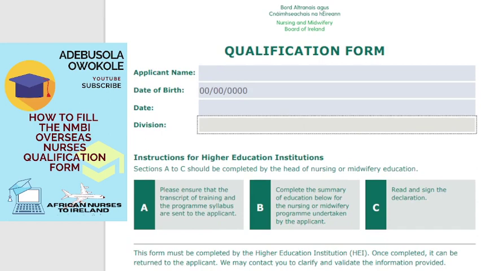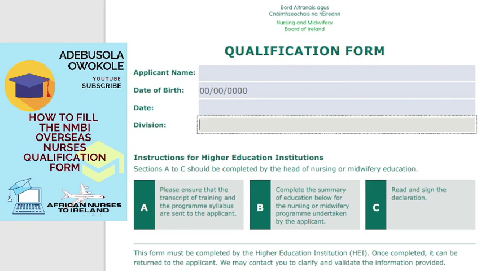Make sure your qualification form and your transcript of training have the same signature and the same date, because both forms are going together. The same person needs to sign both. So the person issuing your transcript of training or your syllabus of training is the person that is going to fill the qualification form for you as well.